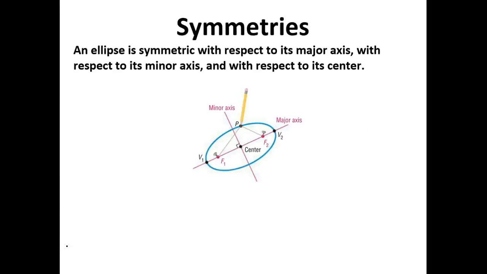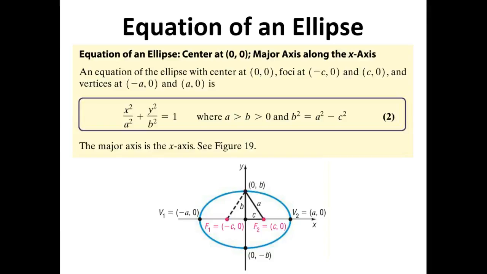Some symmetries: an ellipse is symmetric with respect to its major axis, so we could fold it over this line here, the major axis. It also has symmetry with respect to its minor axis, so we can fold it over there. And then we actually get to an equation of an ellipse.